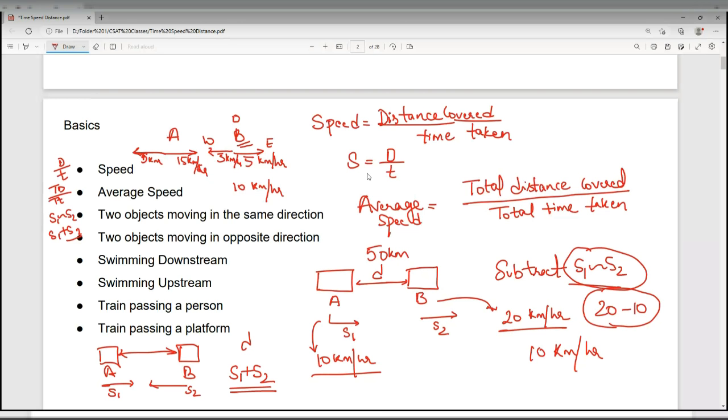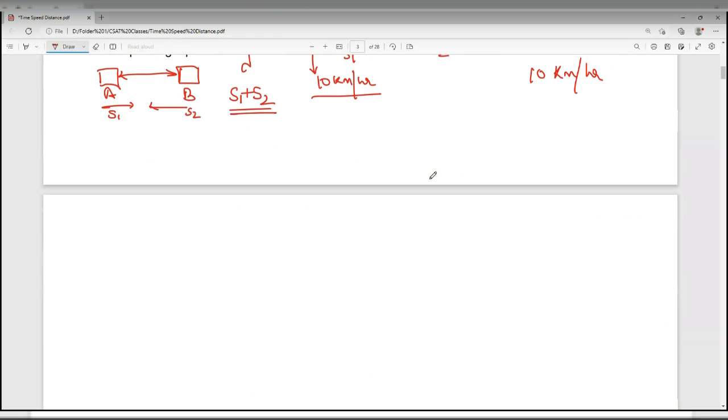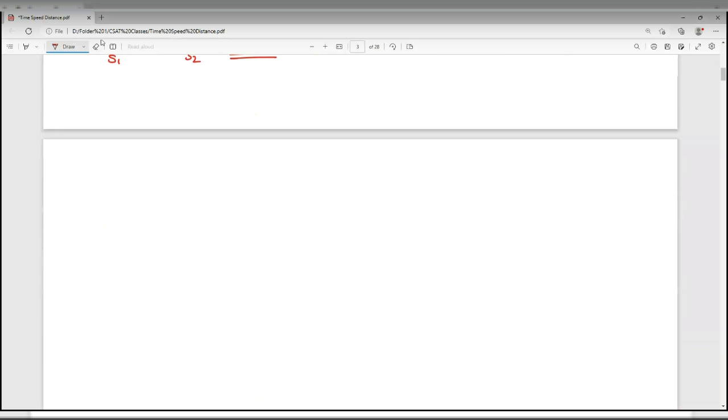And the fifth concept is whenever you face questions like a person swimming downstream or upstream. Let me just use the sheet here. While swimming, see, this is a river and he may be swimming in this direction.